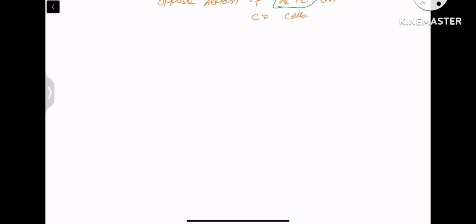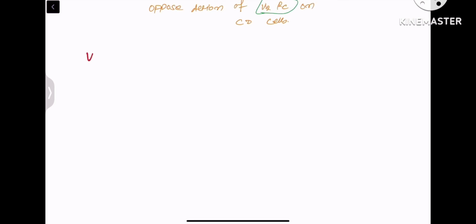Now this is the physiological action. The V2 receptor is more susceptible to activation in response to vasopressin, and the V1 receptor is activated only when vasopressin is present in high concentration in the blood. Whenever vasopressin is in high concentration in the blood, it increases the water uptake and retention of water and electrolytes, which goes against the body mechanism. So we need to oppose this action through activation of the V1 receptor.